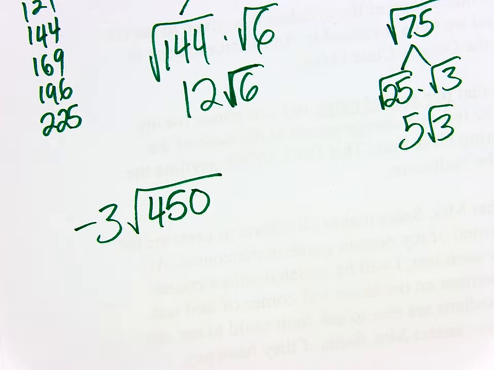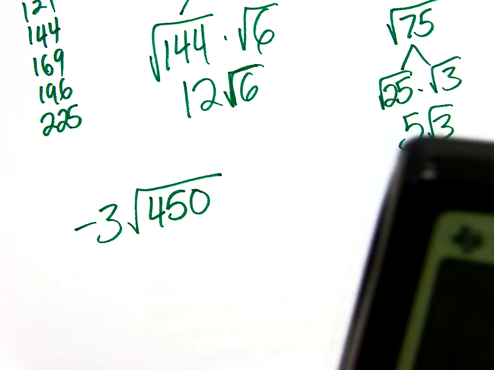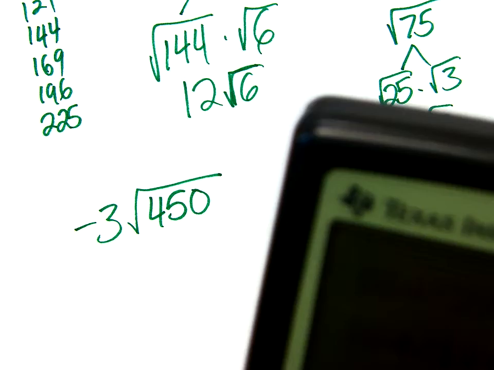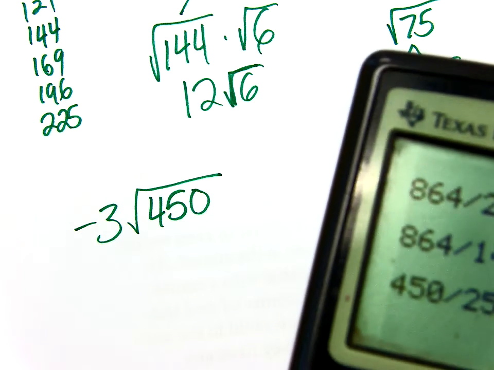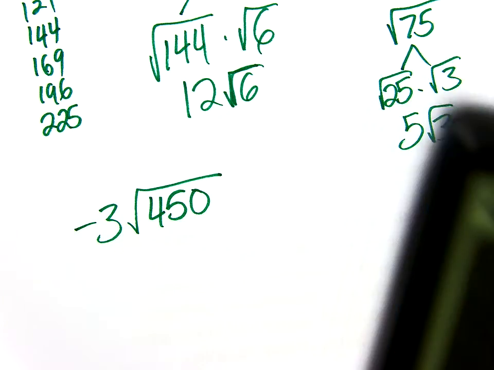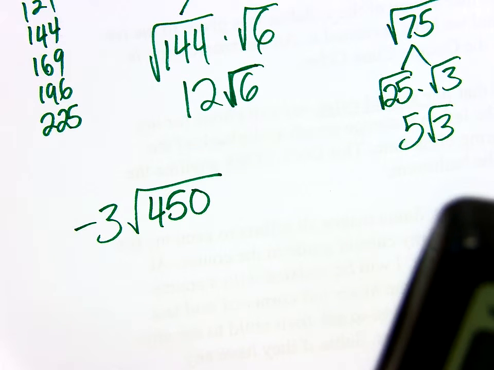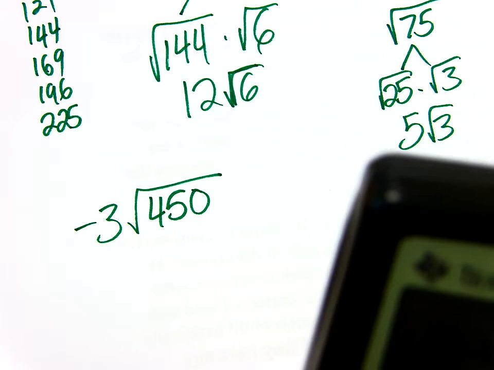So 450 has 25 going in, but that's not the biggest. If you had started with 25, and you do 450 divided by 25, you get 18. Well, 18 has a perfect square factor, so that means that's not the biggest one. So keep looking. It happens to be 9 that you can take out of that.